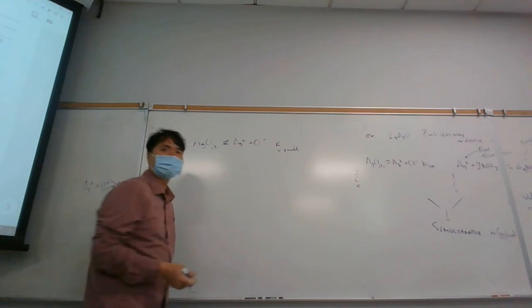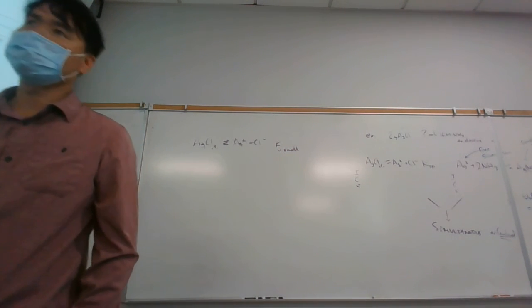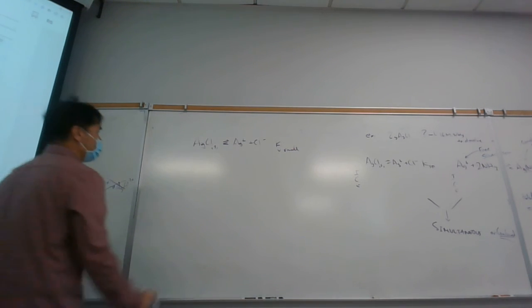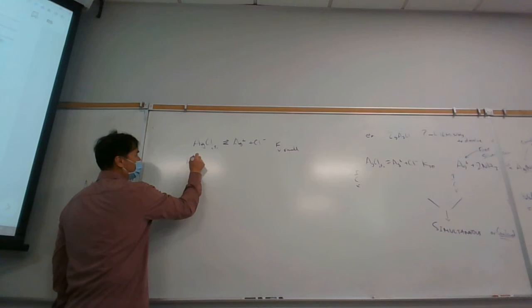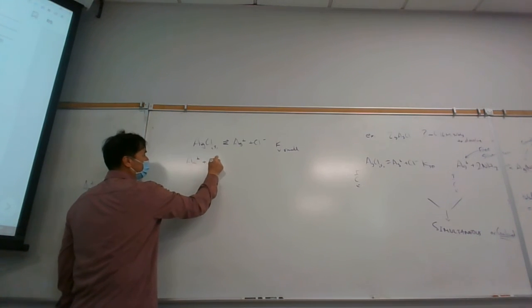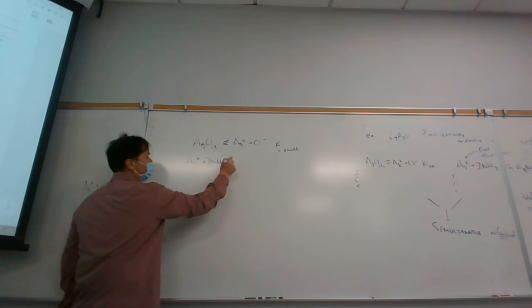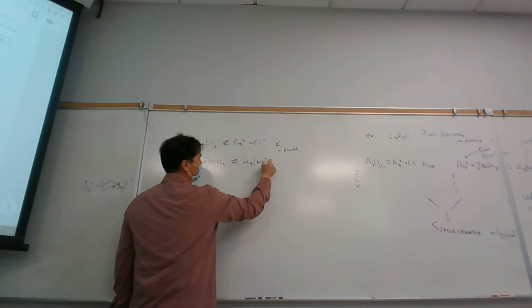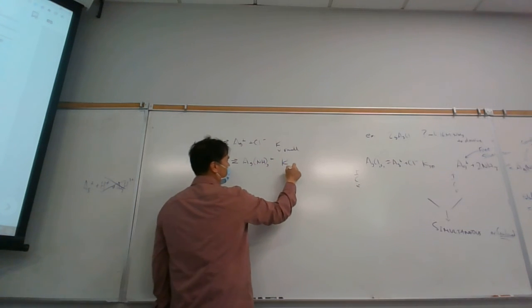So what that tells us is not much free silver ion is formed. And the second step has to be very large. That is, the silver ions are attacked with 2 ammonias and form the diamine silver ion, and this K is very large.